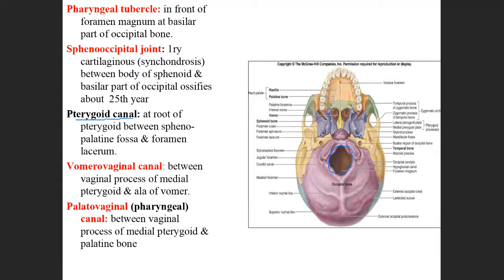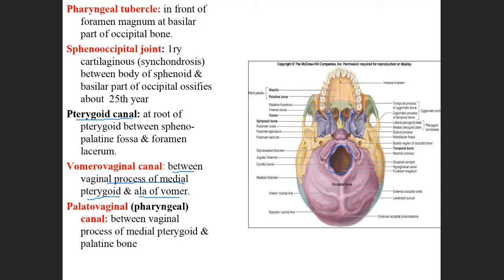And then another part is the vomerovaginal canal. Where is it present? Between the vaginal process of the medial pterygoid plate and the ala of the vomer bone. This is the vomer bone here, in between.